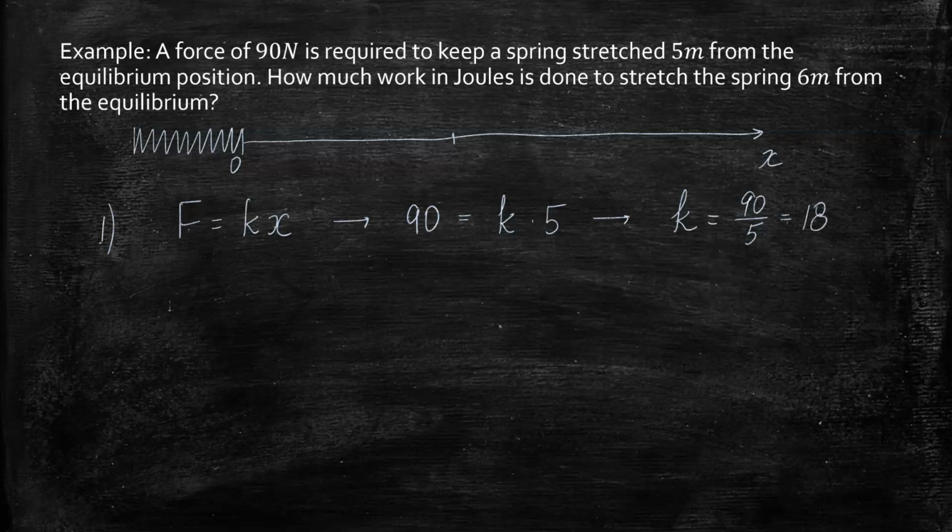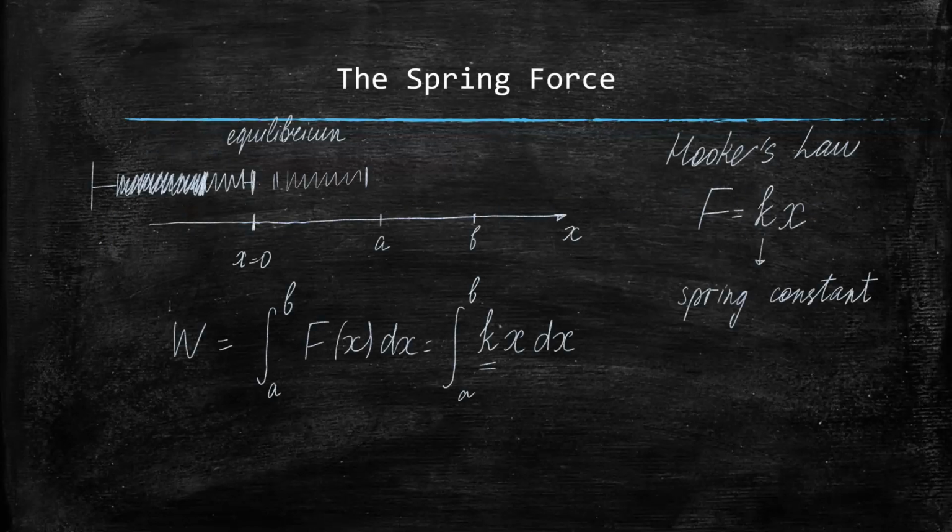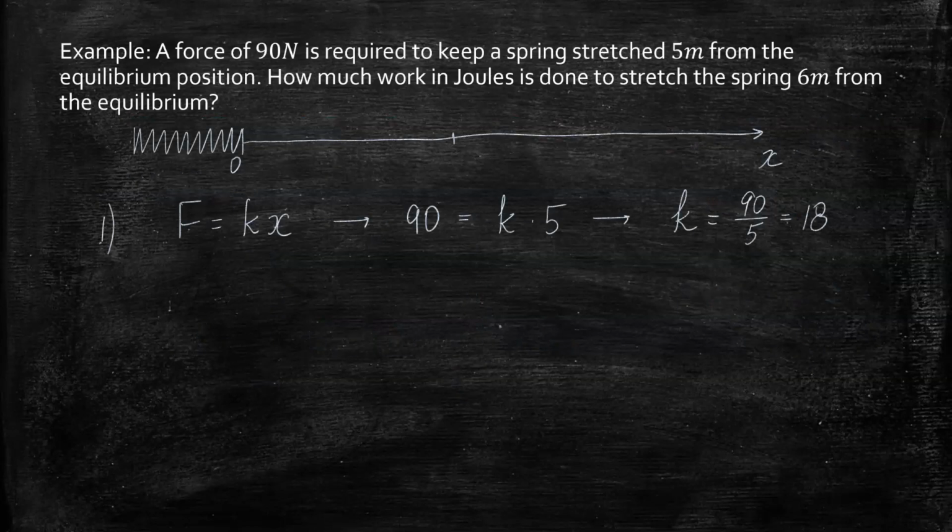And the units for the spring constant are actually known, but I don't think we ever bother with finding them. But it's got to be F divided by x, so it's got to be newtons per meter. So the units here are newtons per meter.